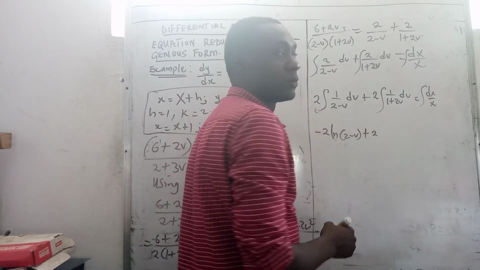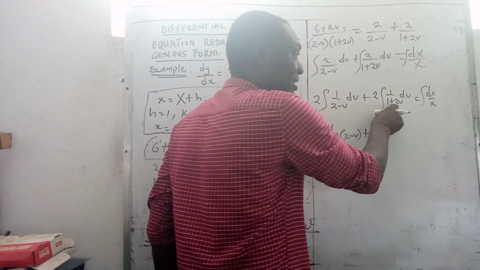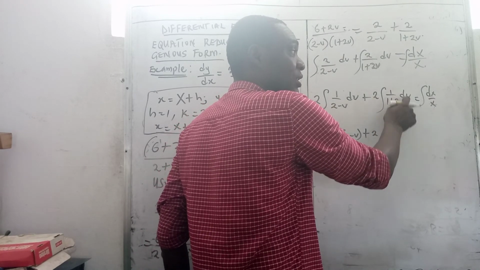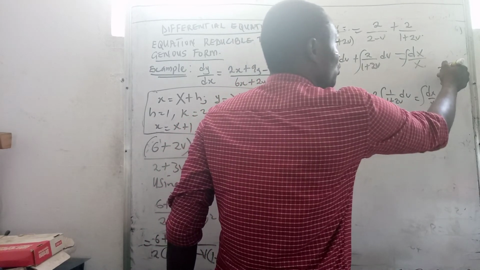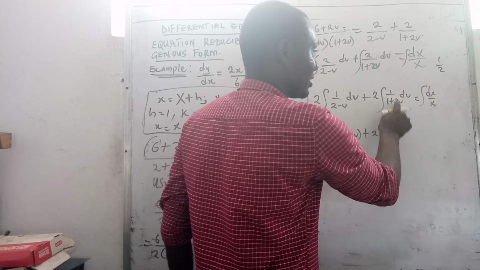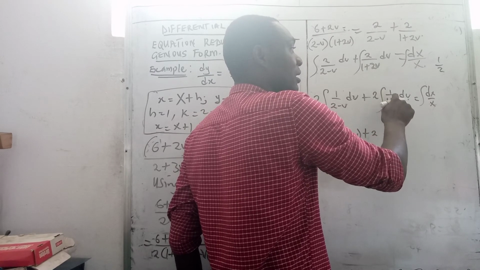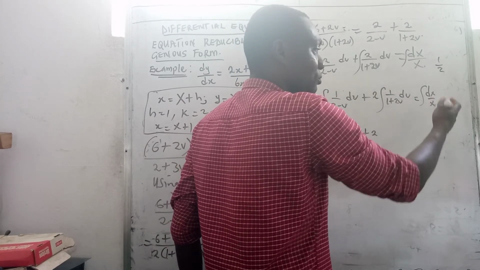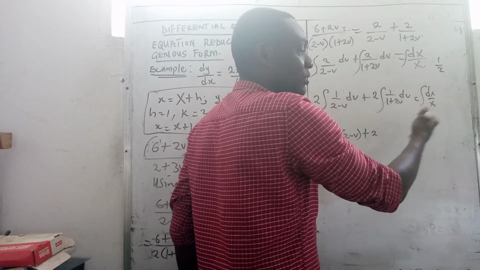Plus 2, then the integral of this: when I differentiate this 2v here, I'm going to have 2, so I'm going to have the inverse of this on this side. Assuming there is 2 here, you know that it's 1 that's here. When I integrate this and I get 2 here, so I can just say 2 plus the integral of that.